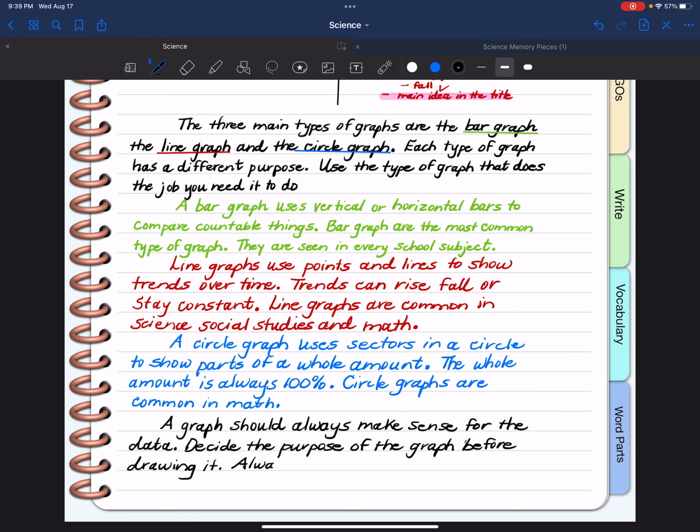Always put the main idea of the graph in the title. Okay.